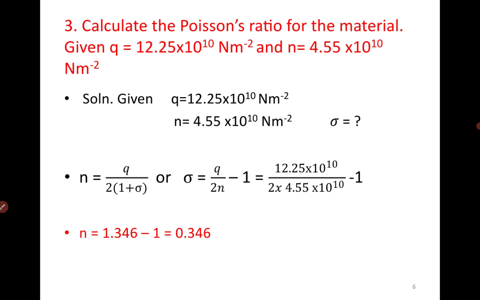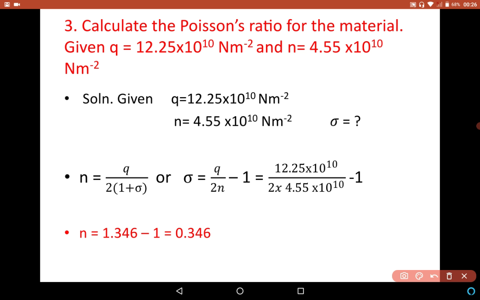Here the given quantities are Q and N. We have to calculate sigma, and we know the relation between Young's modulus, rigidity modulus and sigma is given by N is equal to Q by 2 into 1 plus sigma, or sigma is equal to Q by 2N minus 1.